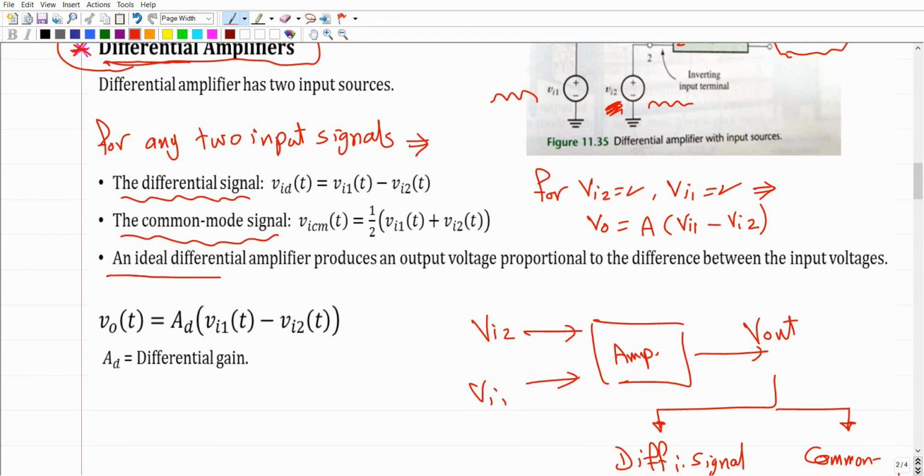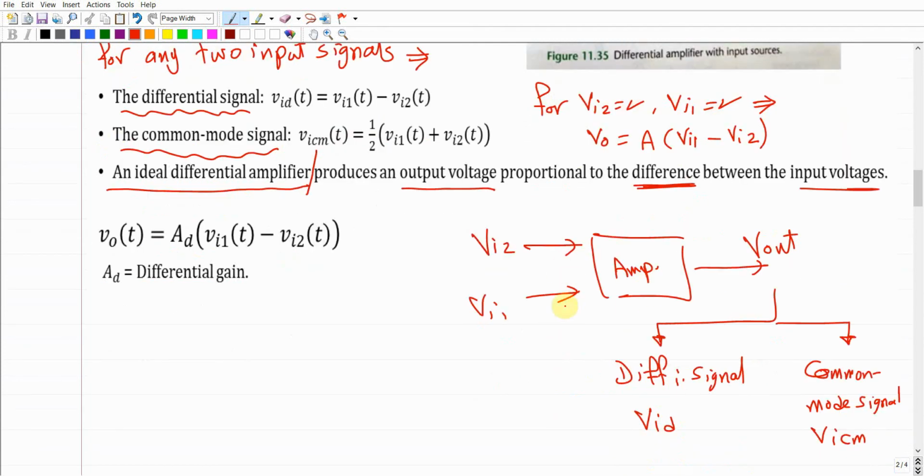For an ideal differential amplifier, this amplifier produces an output voltage that is proportional to the difference between the two input voltages. If you have two input voltages, and the output signal depends on the difference between these two input signals, this type of amplifier is definitely a differential amplifier, and the constant of proportionality here is the gain of this amplifier.